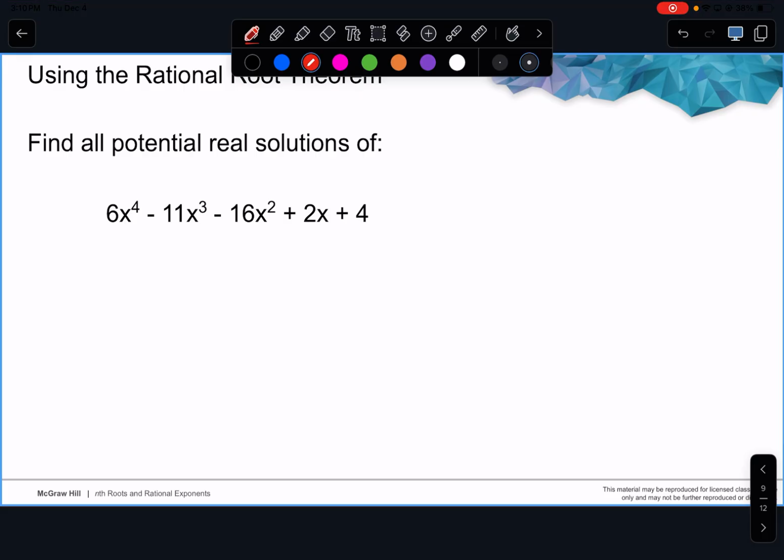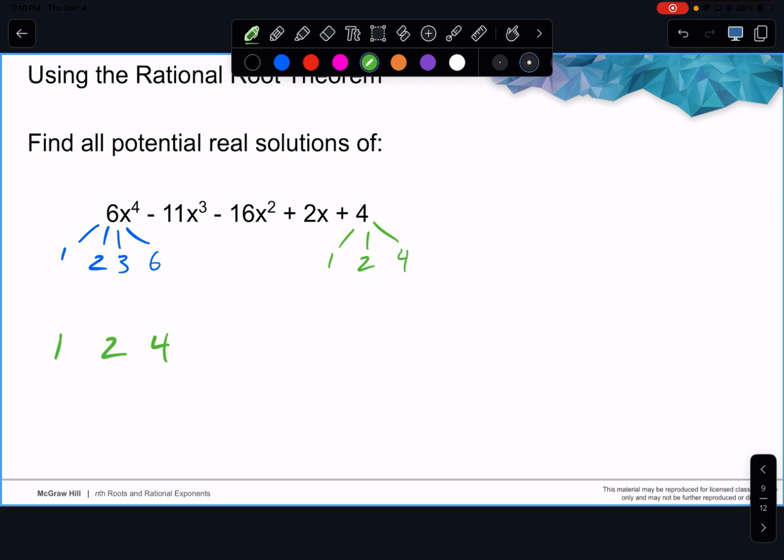The 6. Yuck. Because the factors of 6 are 1, 2, 3, and 6. Factors of 4 are 1, 2, and 4. So we're going to have a long list for this one.